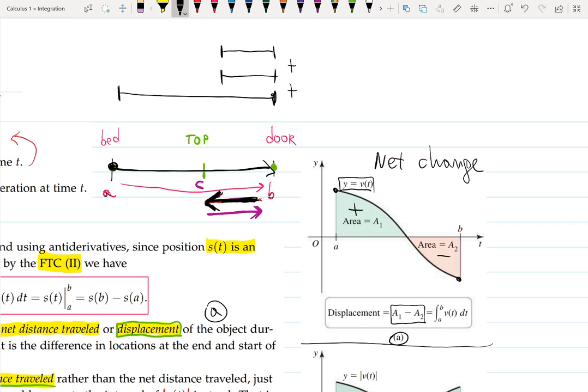Make sense? Then in this case, this gives me, instead of displacement, which says how much I displaced myself from the original point, the distance, how much I actually walked or was driving in the car and so on, without assuming that the direction can be positive or negative.